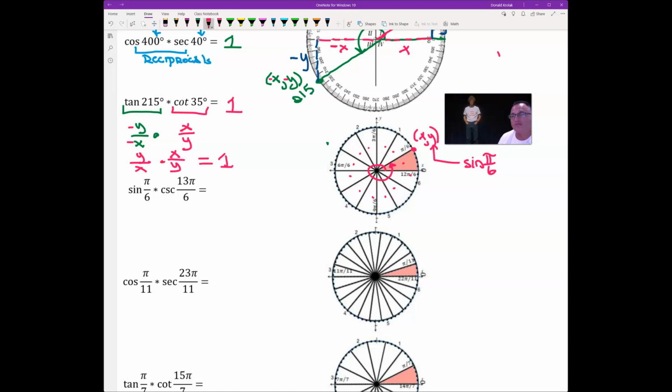If I'm going to do the cosecant of 13 pi over 6, that means you take this y-coordinate, but you put it under 1. So this is y, and this is 1 over y, but they're both the same y, and so when you multiply those, you get 1.